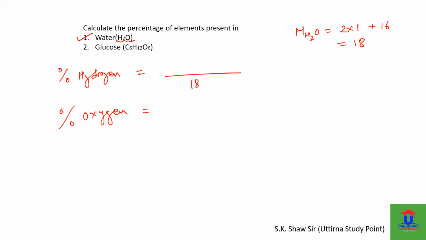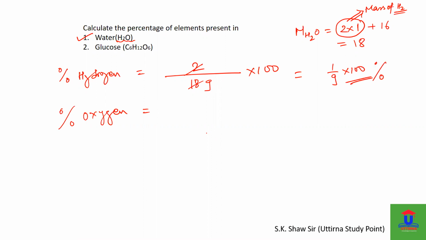And the mass of hydrogen present is how much? 2 into 1. So it is 2 by 18 into 100. So it is 1 by 9 into 100. Convert this to a percentage: 11.12. And then for oxygen?